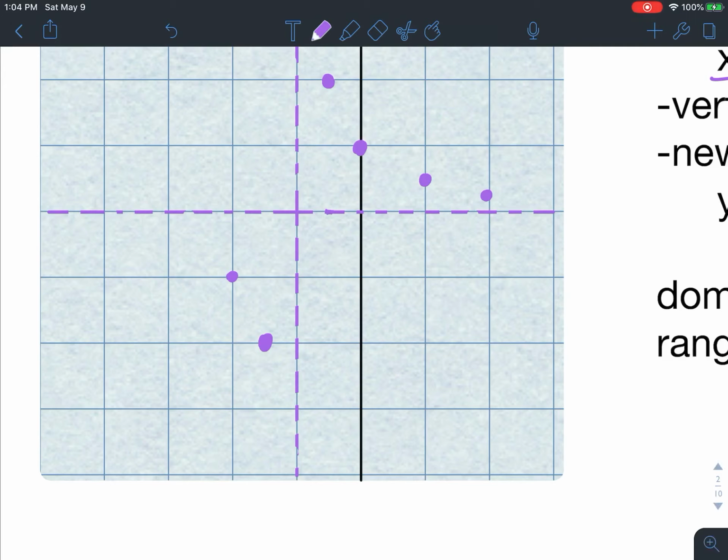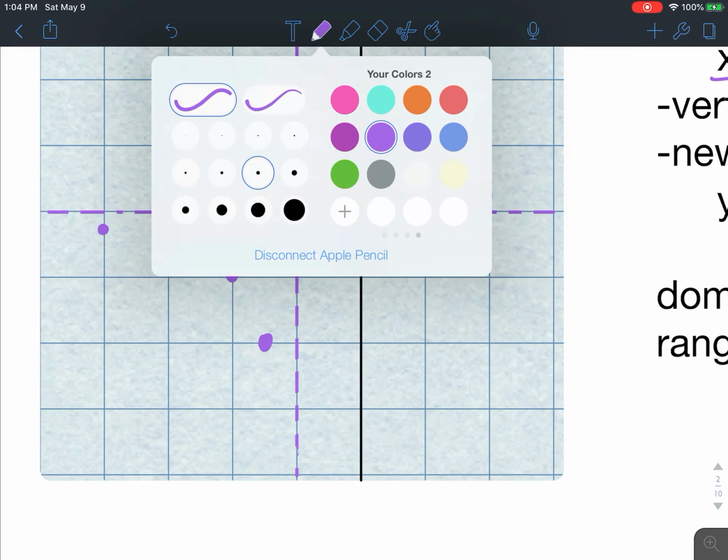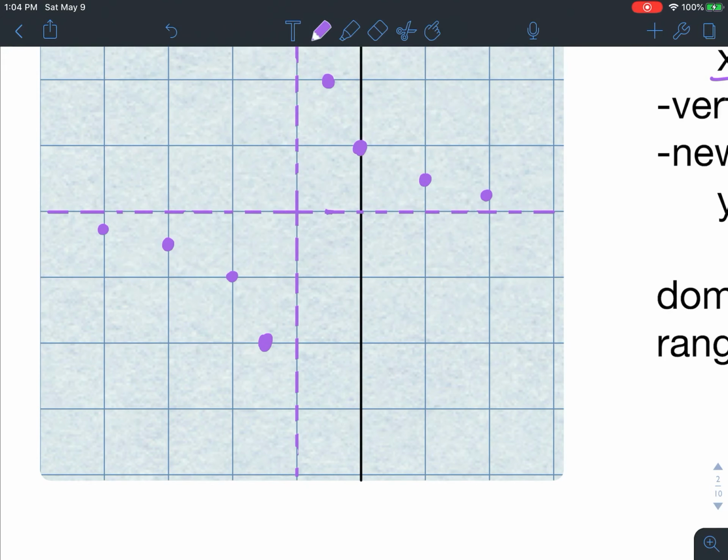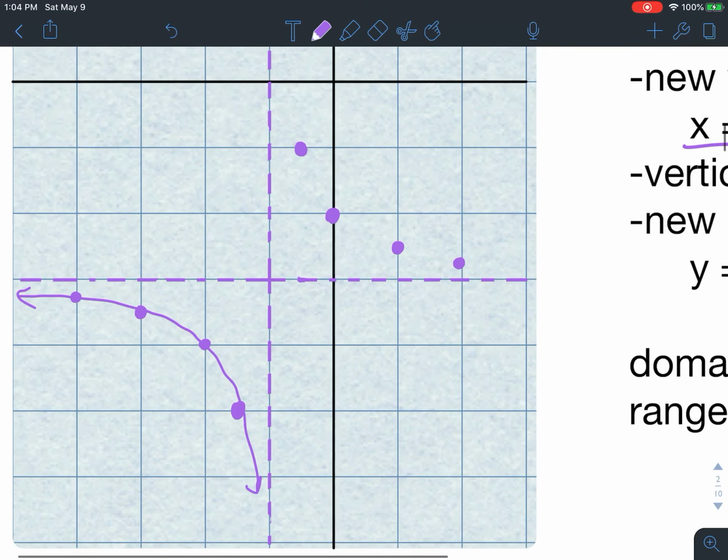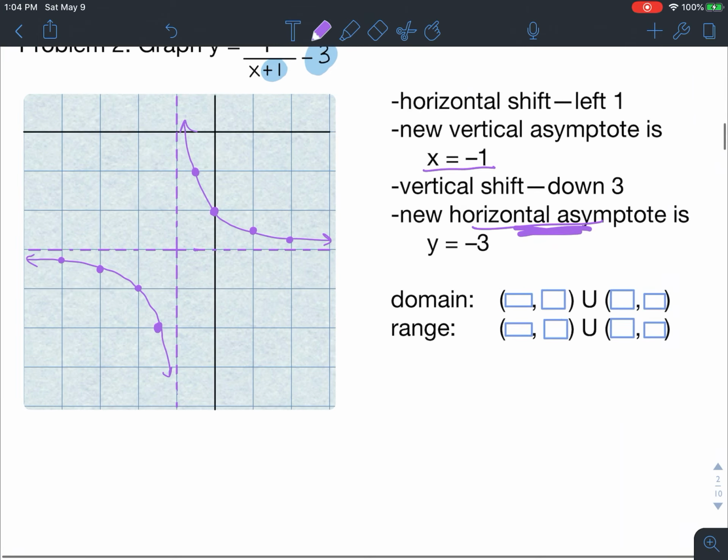Over 1 down 1, over 2 down a half, over 3 down a third. Make sure that your graph doesn't touch your asymptotes as best you can. Certainly don't let it cross it. Sometimes my arrow winds up touching it, but I don't worry too much about that.